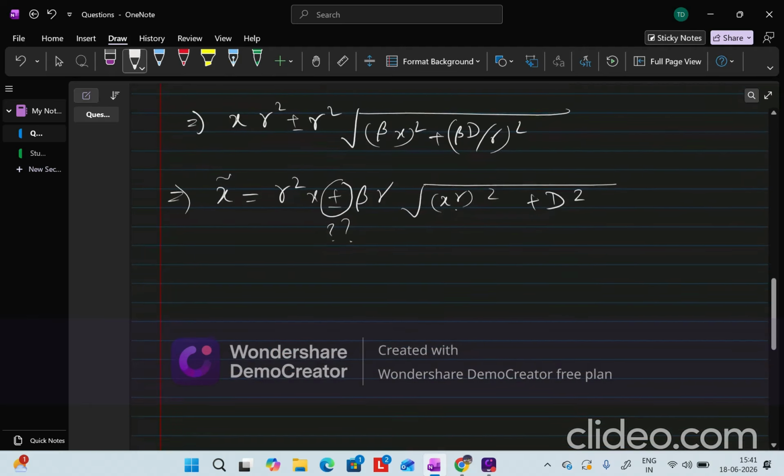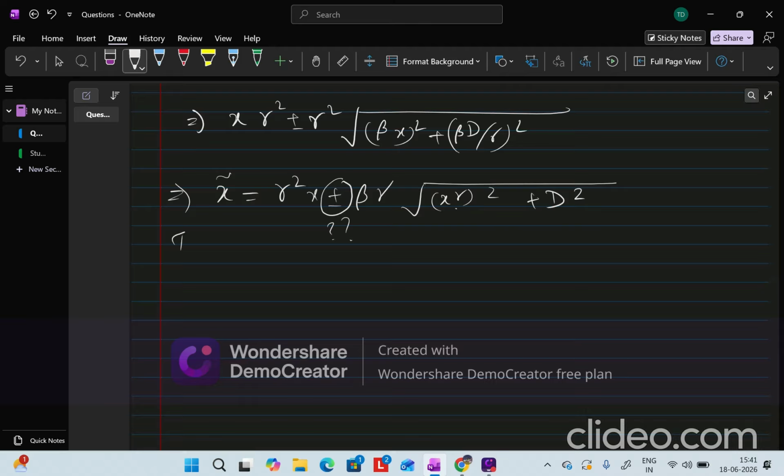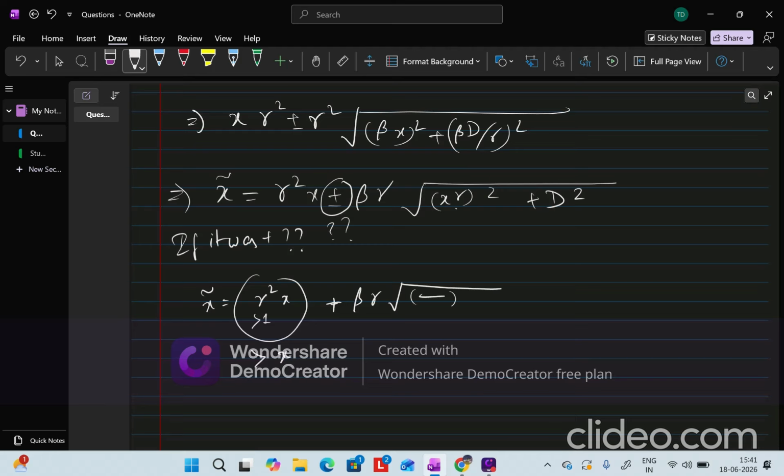now if it was a plus sign, what would happen? That x̃ would be γ²x. Already γ is greater than 1, so this whole term will be greater than x. If it was plus, then it would be βγ plus some square root term, and this is also positive.